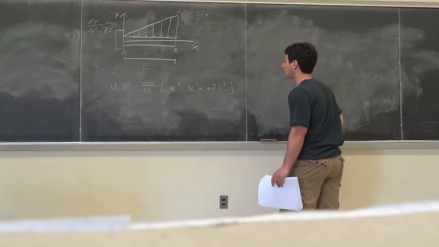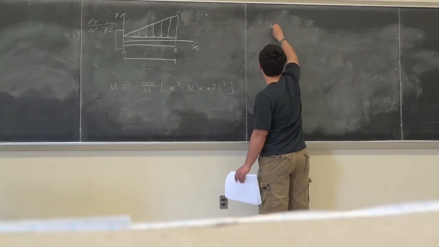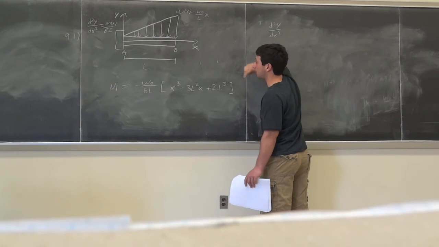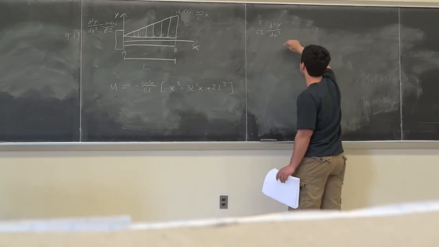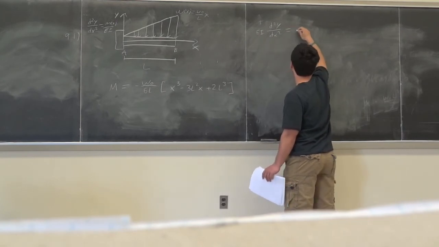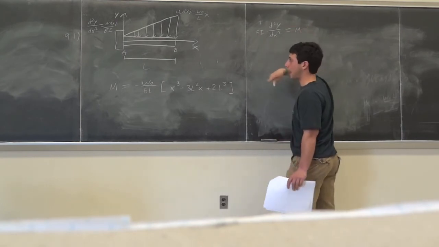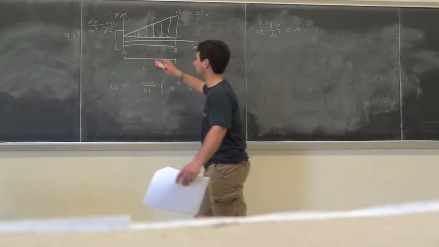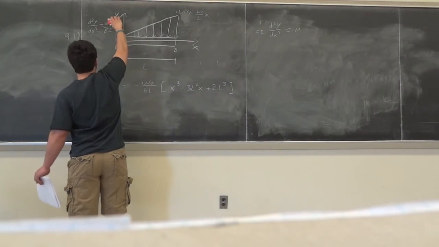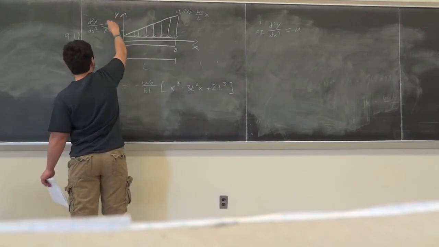All right, so we have d squared y over dx squared. I'm going to move EI to the other side because it's a constant, so we can just move it to the other side. And this is equal to m, M of x, I called it over there, I'm just going to call it m. So let me just erase this and call it m.